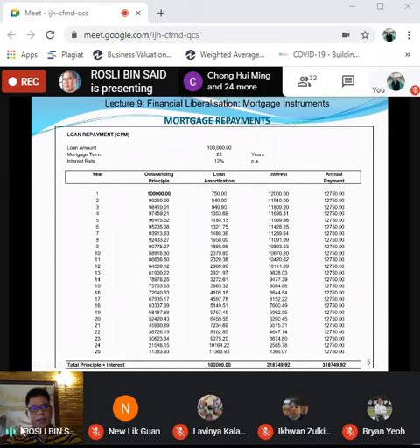And then let's say the value of the property increases within 3 years by only 10%, it will become 110,000 here. So 110,000 deduct 98,000, we only have about 12,000 profit. That 12,000 we have to deduct all the expenses, lawyer fees, valuation fees, stamp duty, etc.